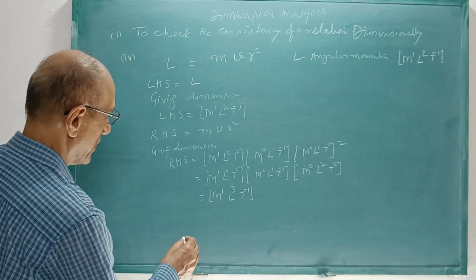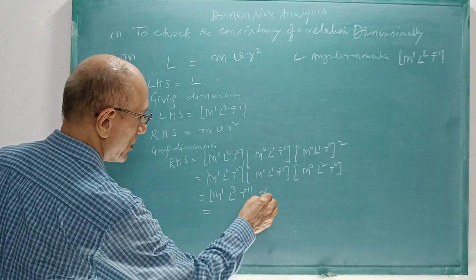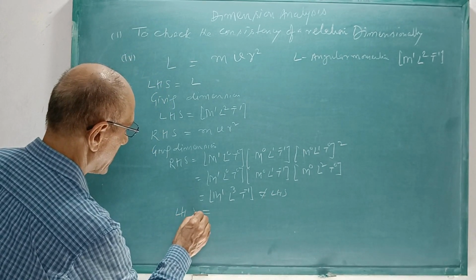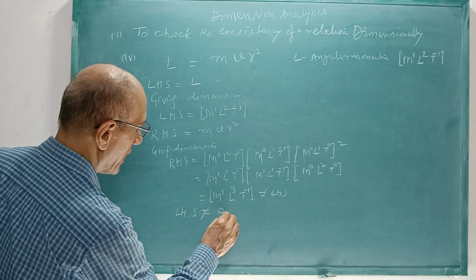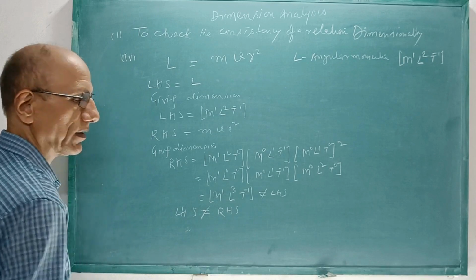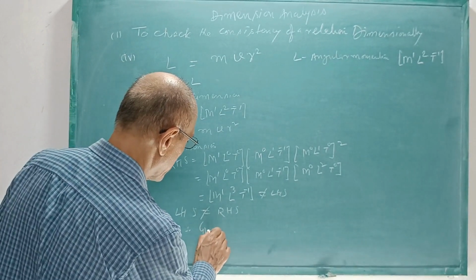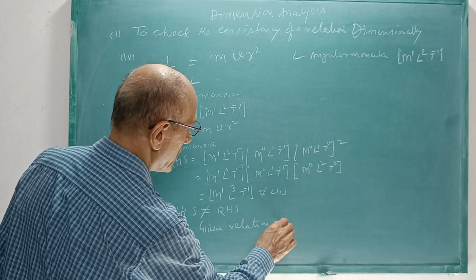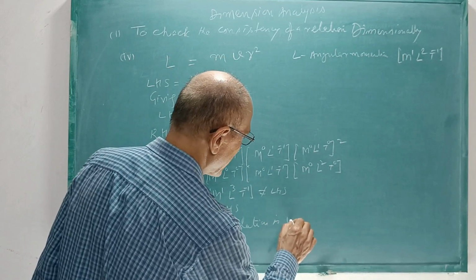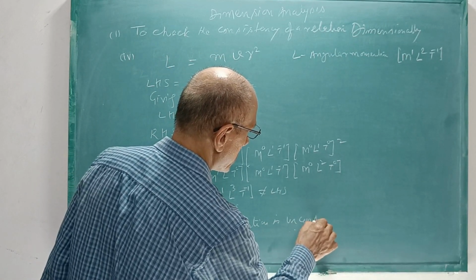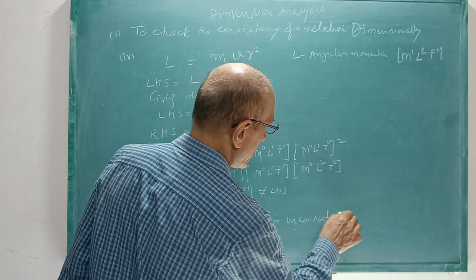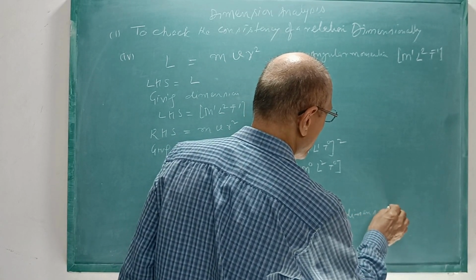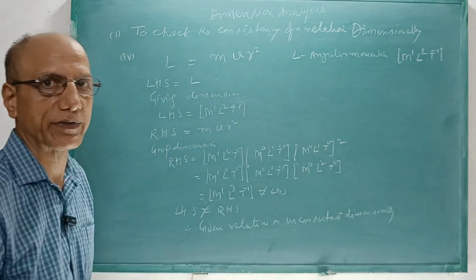So here, which is not equal to LHS, therefore here LHS is not equal to RHS, therefore the given relation is inconsistent dimensionally. You can say incorrect dimensionally.